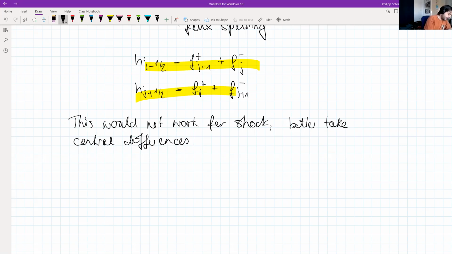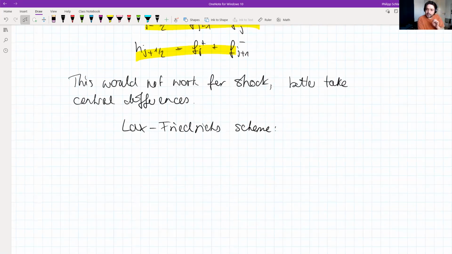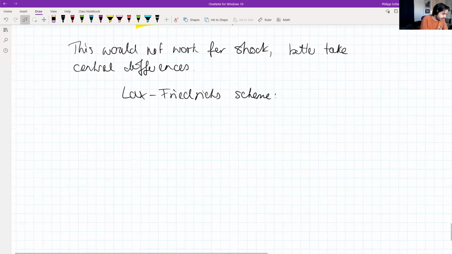So there may be options to use schemes for shocks, and one example would be the Lax-Friedrichs scheme. I would like to write that down to tell you that at times small modifications of numerical schemes actually give you a large change in the stability properties.